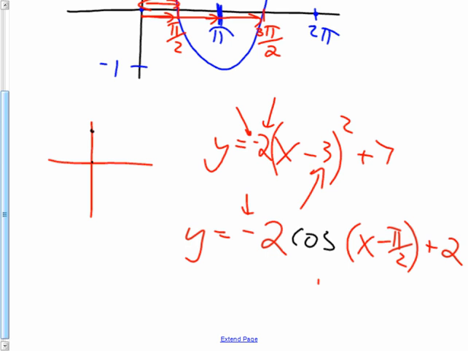If cosine is already at its peak, it's all downhill from there. So cosine starts here and it goes all the way down, and then it comes back up again, but it's all downhill for cosine. Sine is things are looking up. See, sine's going up.